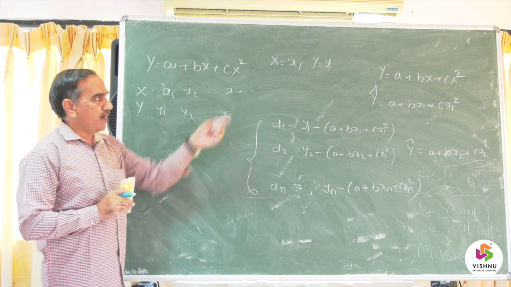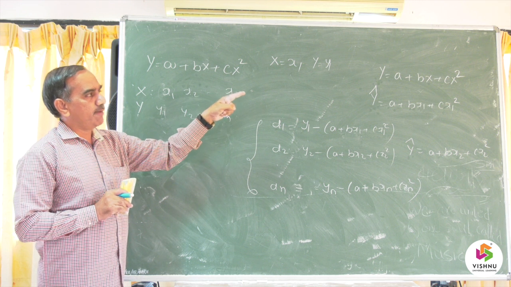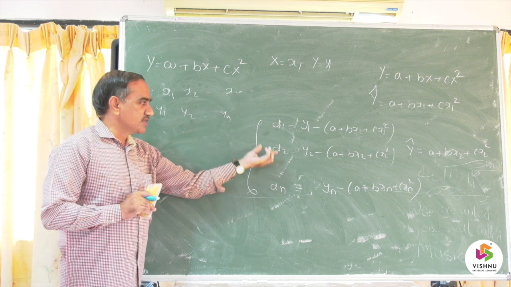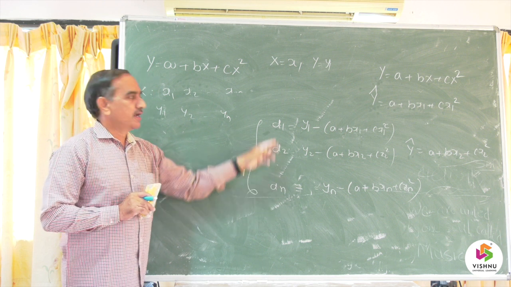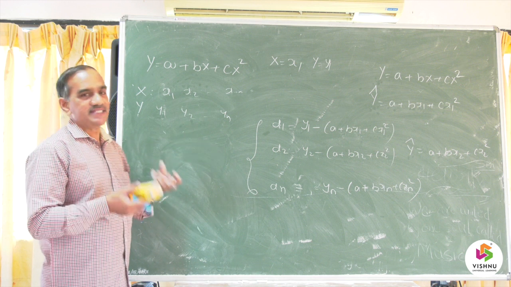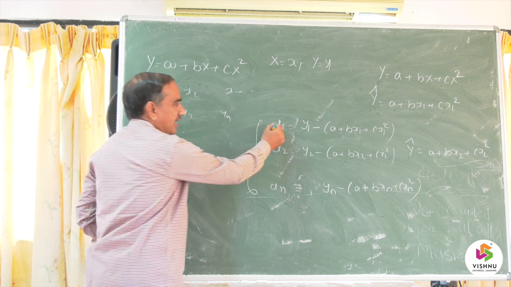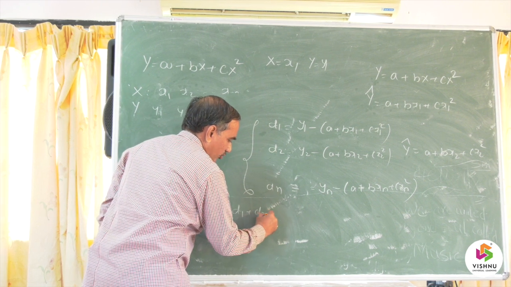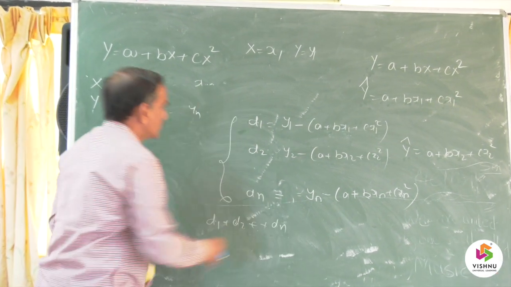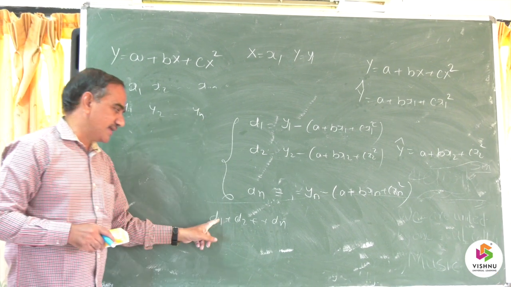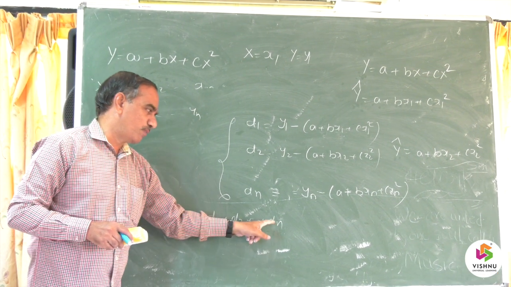Depending on the curve y is equal to a plus bx plus cx square, unnecessarily these amounts of errors have entered. Overall in the data, how much error has entered? The total error is d1 plus d2 plus and so on plus dn.